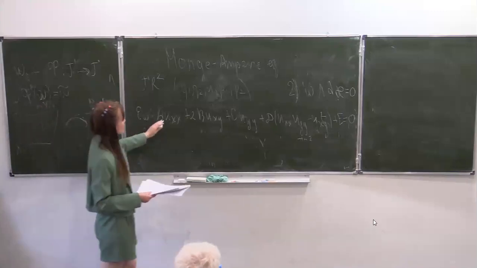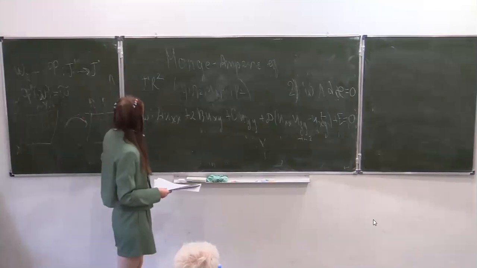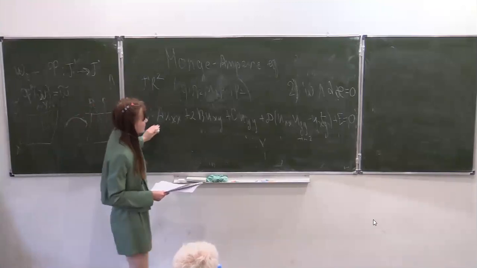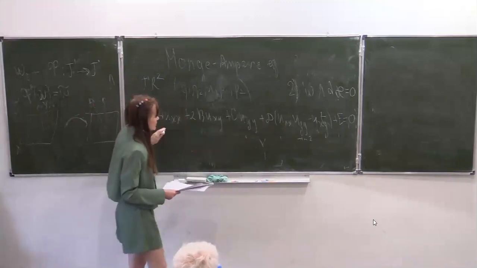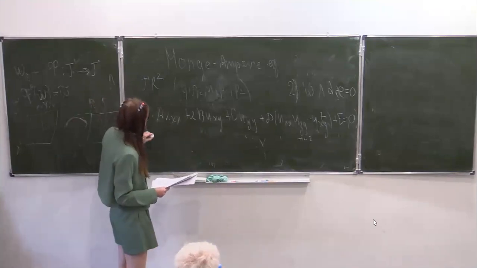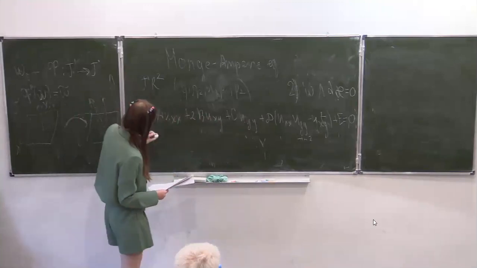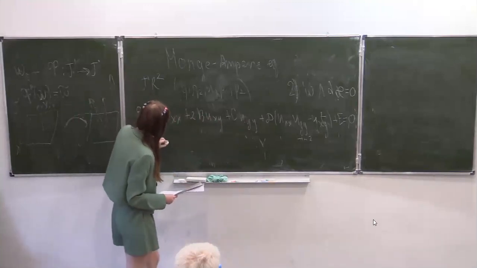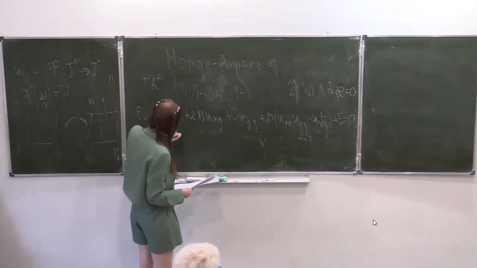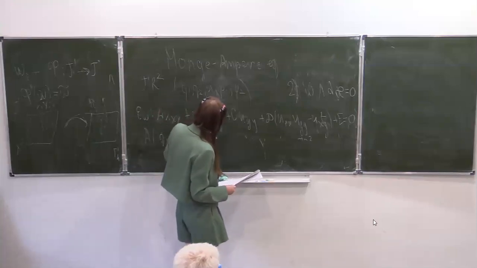And now, after contact geometry, I would like to tell about symplectic geometry. In the symplectic case, we have our Monge-Ampere equation, but the coefficients A, B, C, D depend on x, q1, q2, p1, p2.